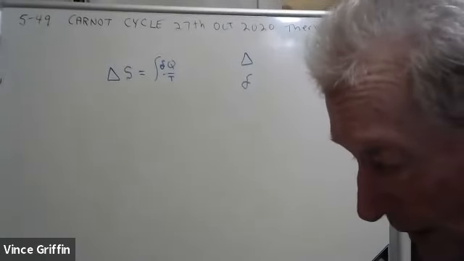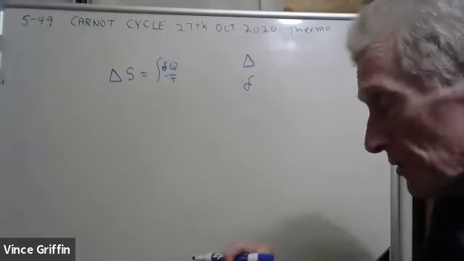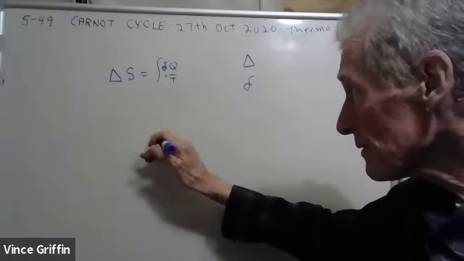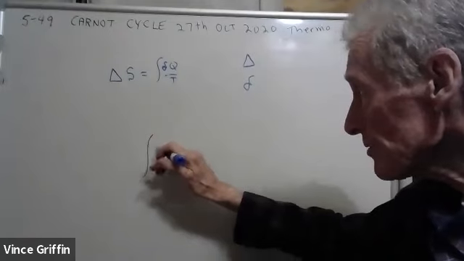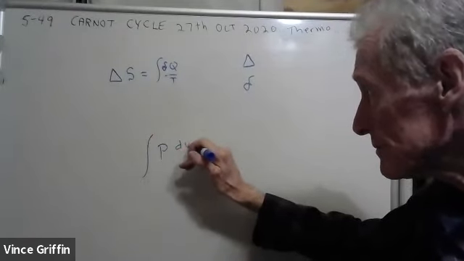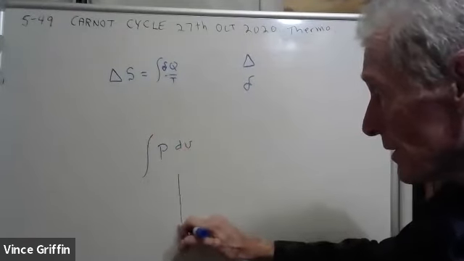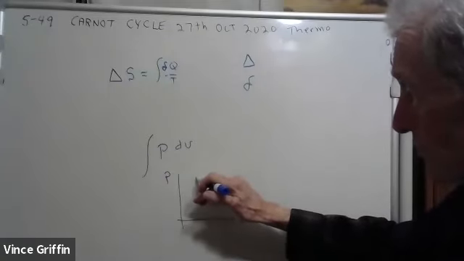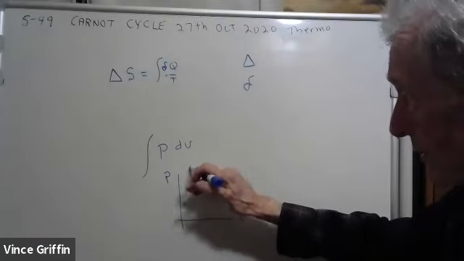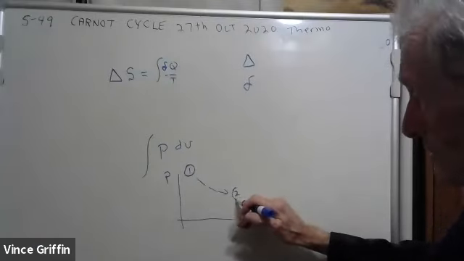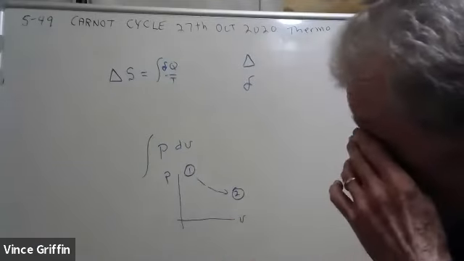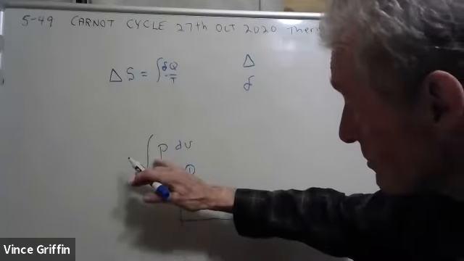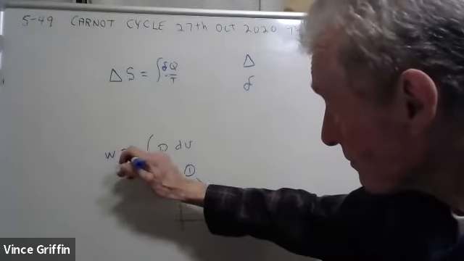Work is the same thing. Remember, work is the integral of P dV. If you plotted up work on a PV diagram, here's state 1, and here's state 2. This is the amount of work that you have.